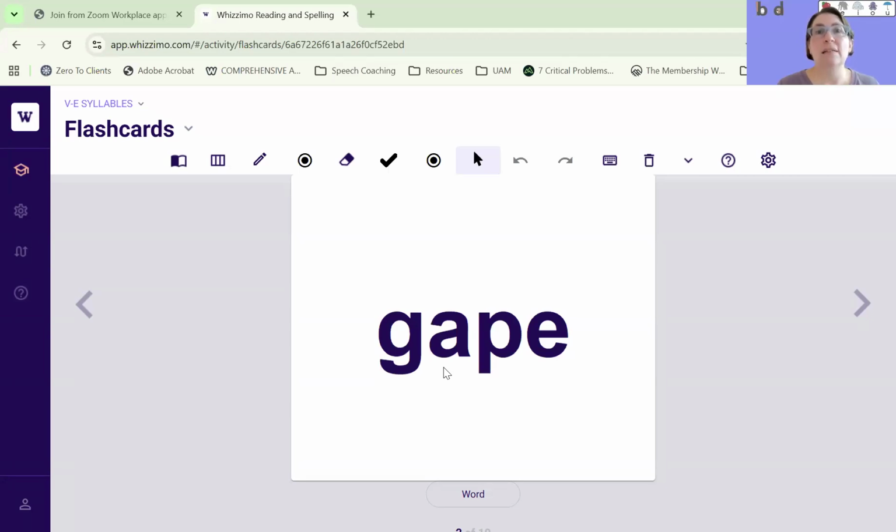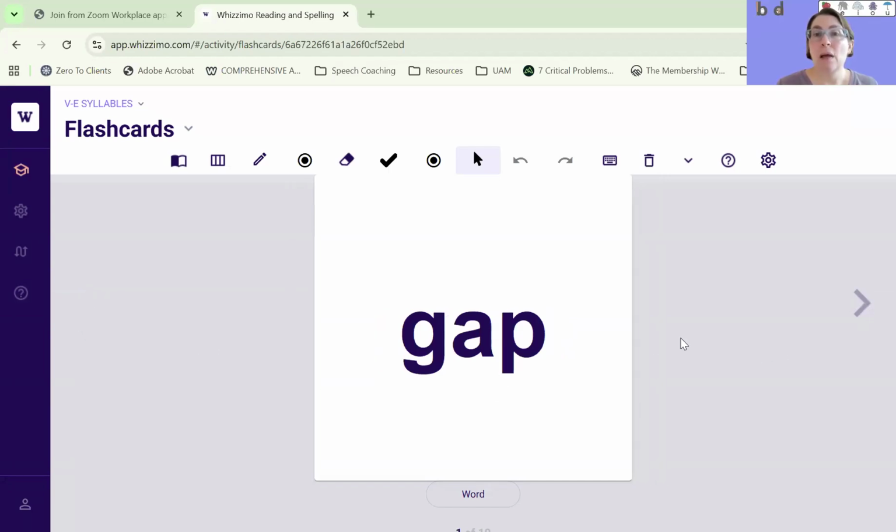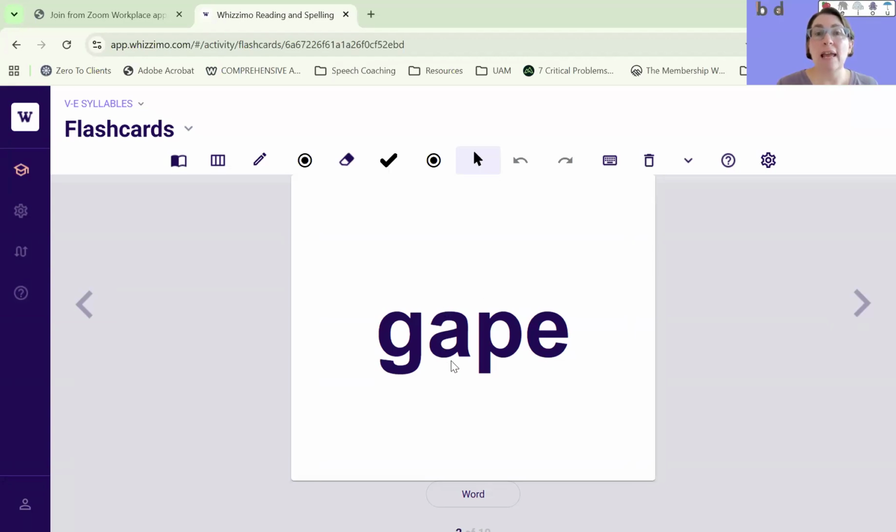The sound that it represents is A. So what we get here, remember, this one was gap. When we put the E on here, this A turns into an A sound, so we get g, ape, gape. That E doesn't make a sound, it is completely silent, but it affects the vowel sound.